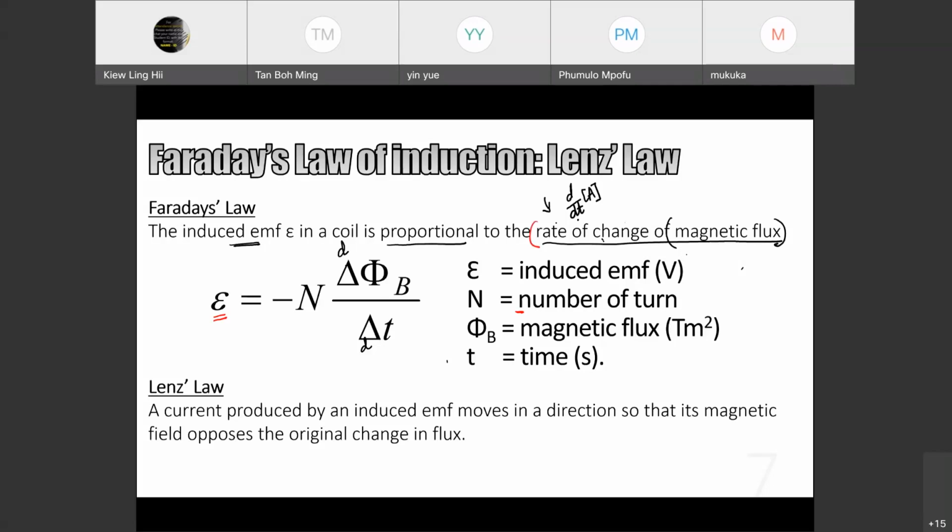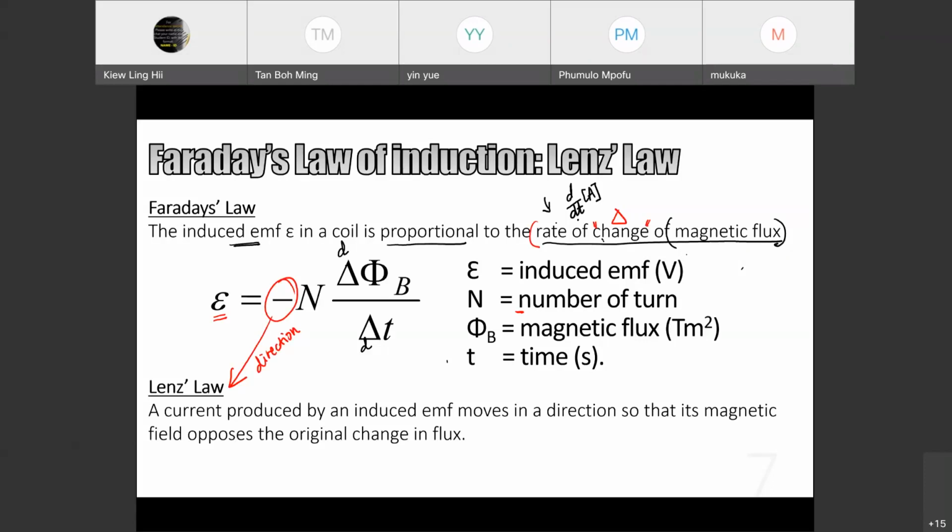The keyword is the change of magnetic flux. So this negative sign here is contributed by Lenz's law. The negative only shows the direction. Faraday contributes the magnitude of the induced EMF. Lenz contributes the direction of the induced EMF.